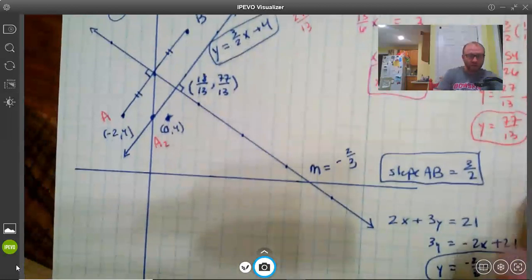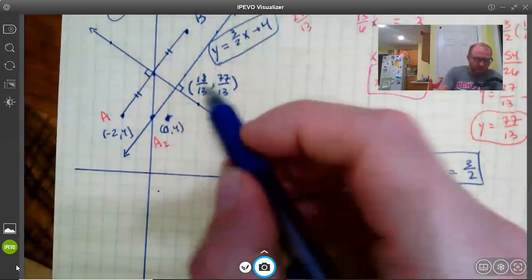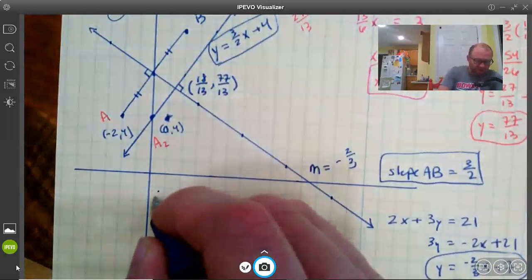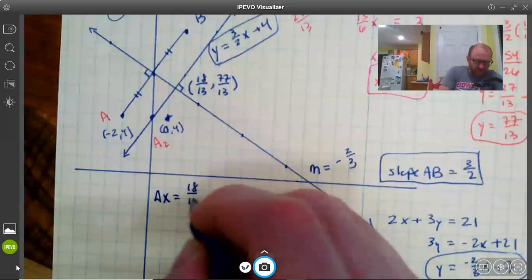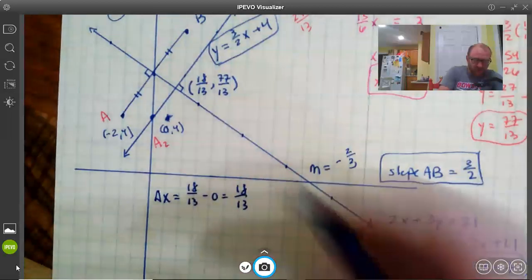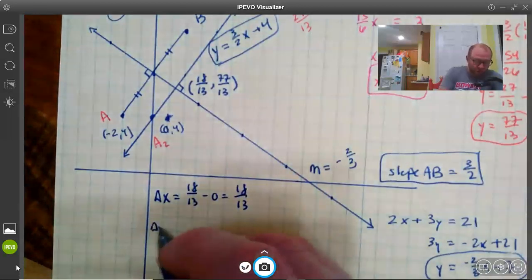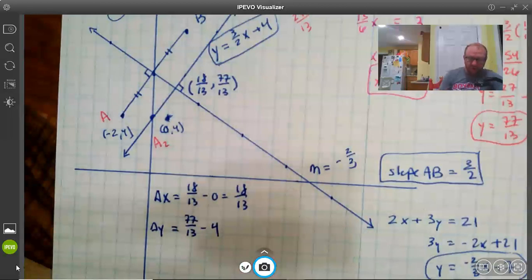So let's see here. Well, it's 18/13. Our change in x is 18/13 minus 0. So that's our change in x. And our change in y is 77/13 minus 4.